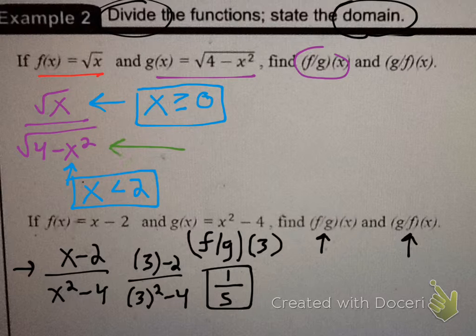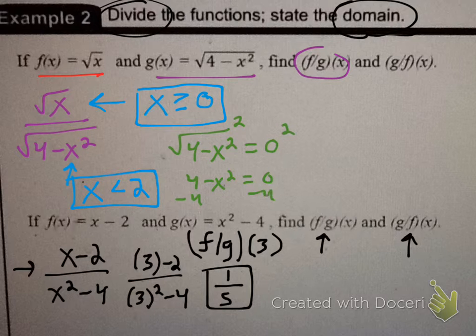So now, the bottom here, we'll do a different color. The bottom here cannot be 0. The bottom of a fraction cannot be 0. So let's just set up an algebraic equation. The square root of 4 minus x squared equal to 0. Let's find out what value of x is equal to 0. We'll square both sides. 4 minus x squared equals 0. We'll subtract 4. Negative x squared equals -4. Divide by -1.